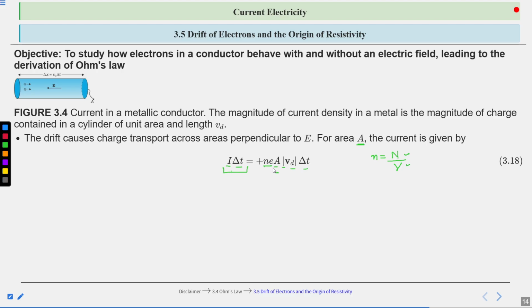What is e? e is the charge on one electron. So we will get the charge on the right hand side if we multiply this small n with volume. If we multiply this with volume on both sides, this volume and volume will get cancelled.